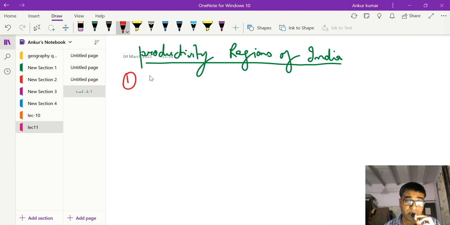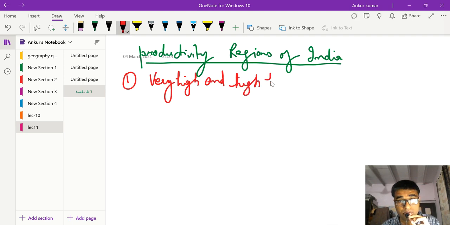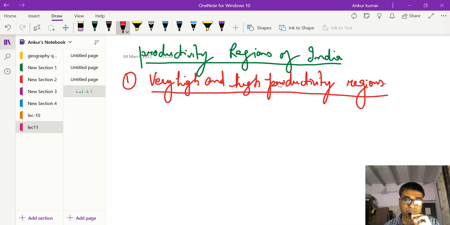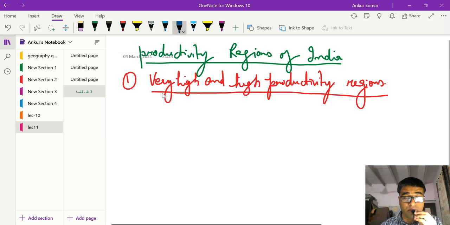Which are the high productivity regions? Very high and high productivity regions.